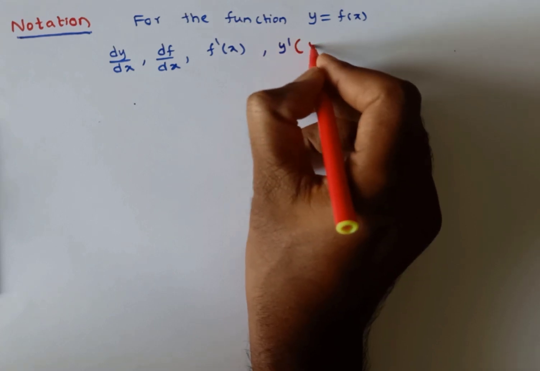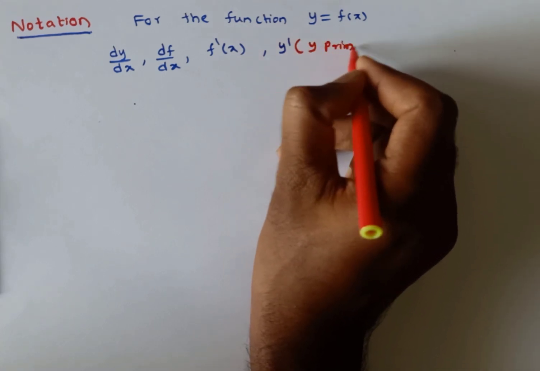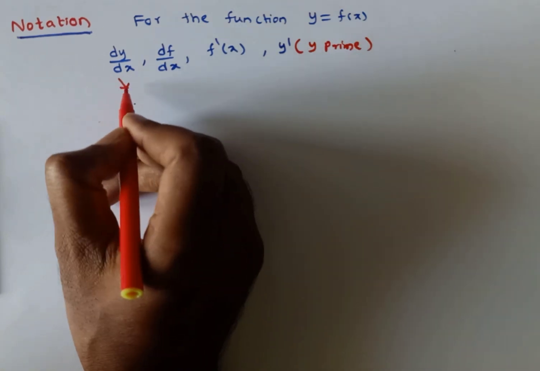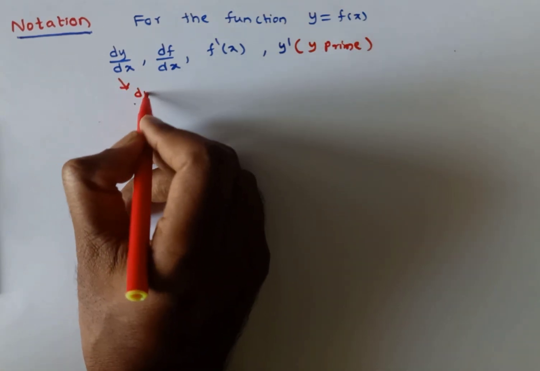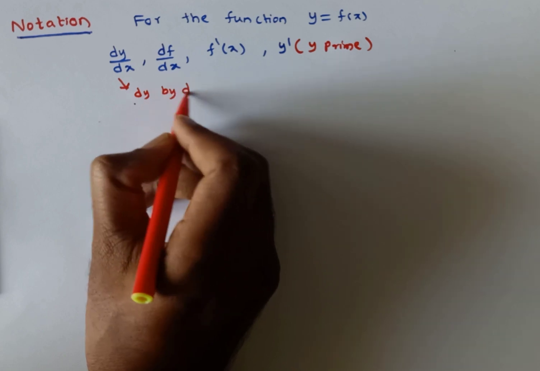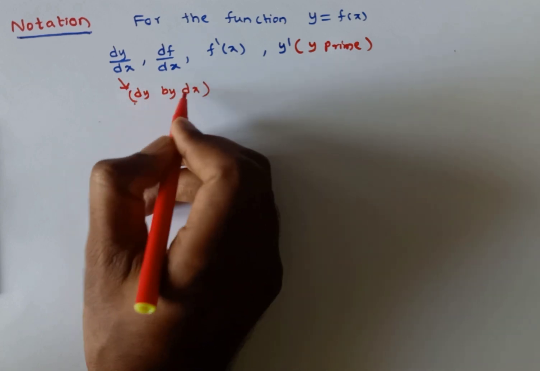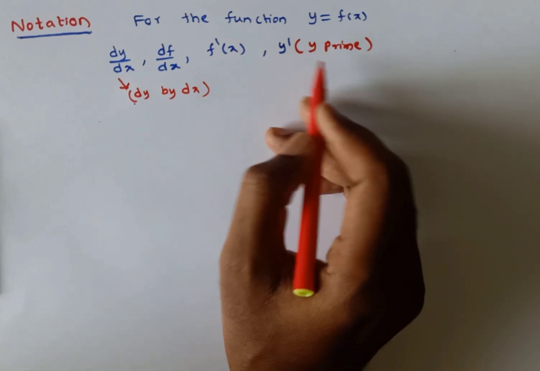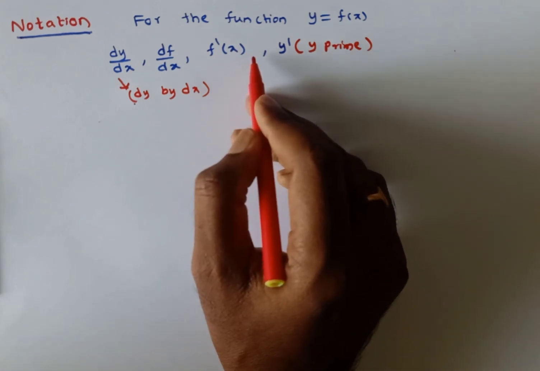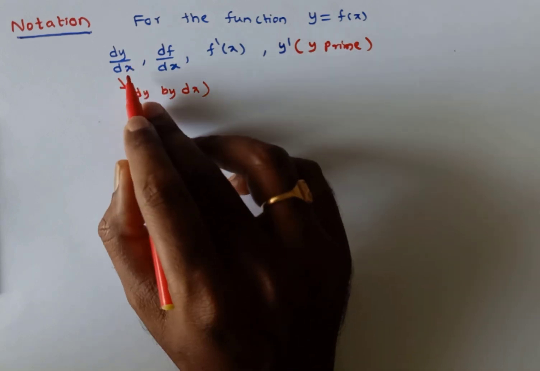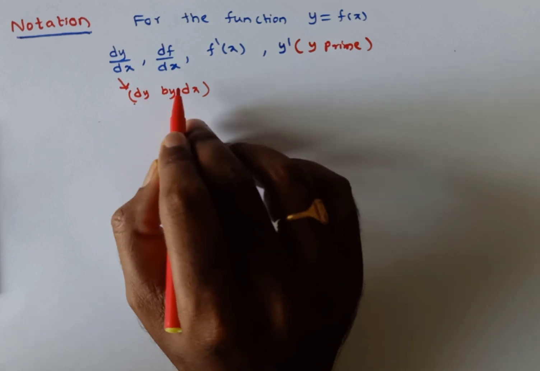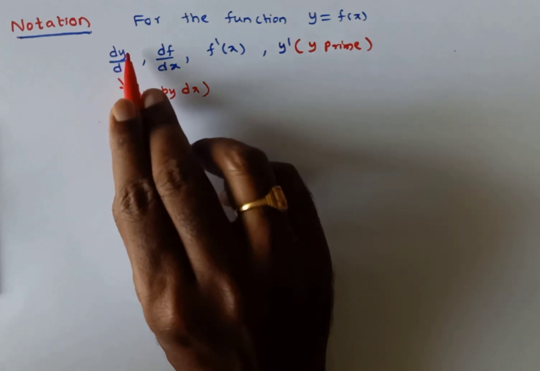We read it as y prime, where the dash indicates a prime. This can be read as dy by dx, y dash or y prime or f prime of x also, dy divided by dx or d by dx of y.